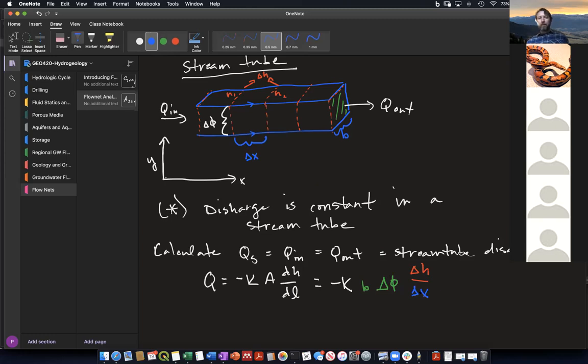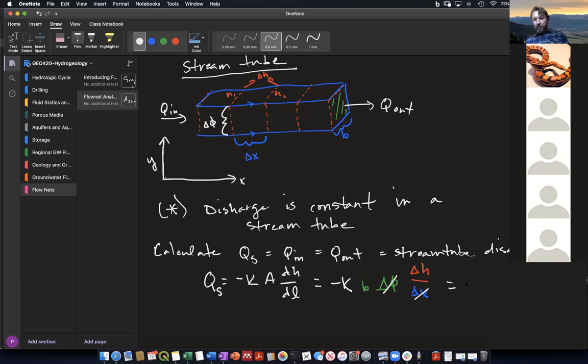Now, if we drew this right for this homogeneous and isotropic media, then these are squares, and so delta X is equal to delta phi. So these two cancel out, and I get this.